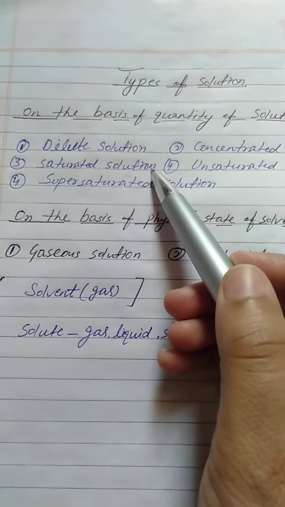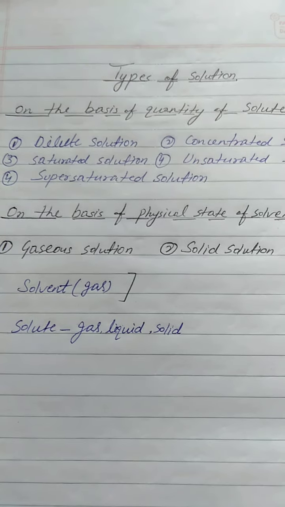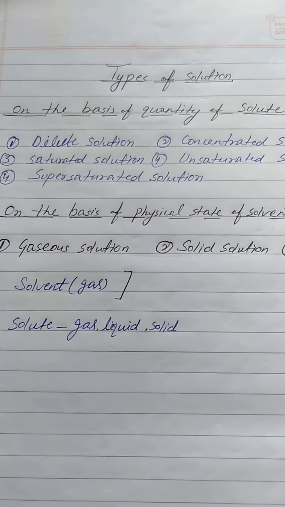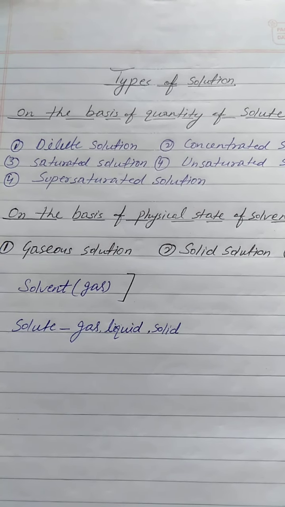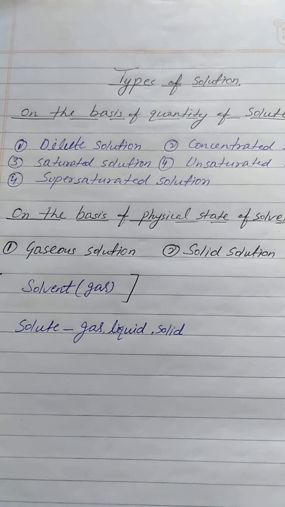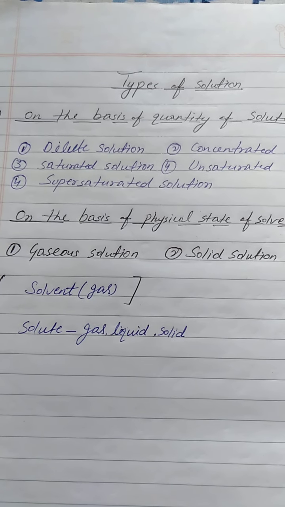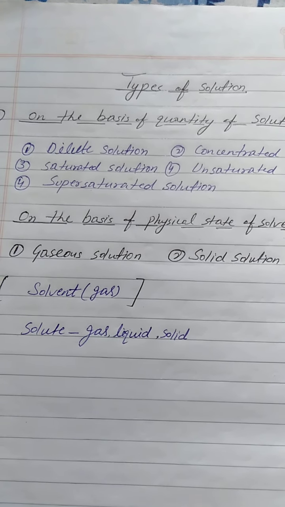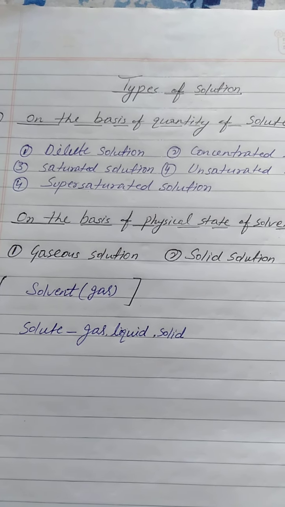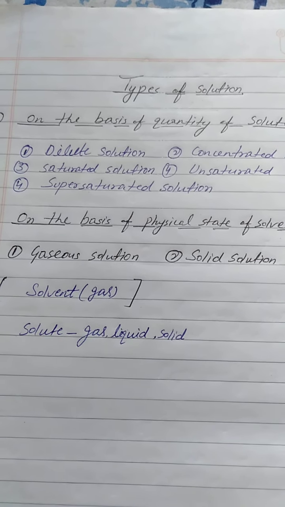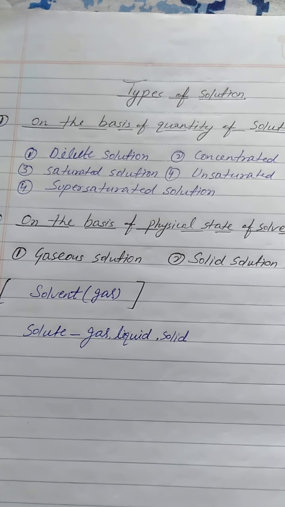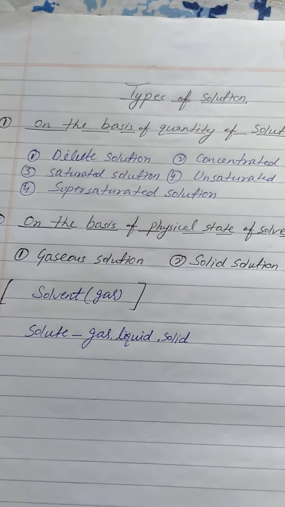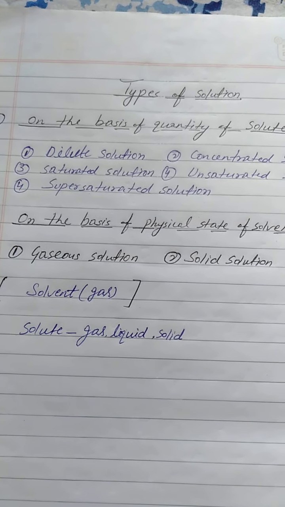Next, saturated solution. The maximum amount of substance which is dissolved in 100 gram solvent at a particular temperature is called solubility, and this type of solution is called a saturated solution.